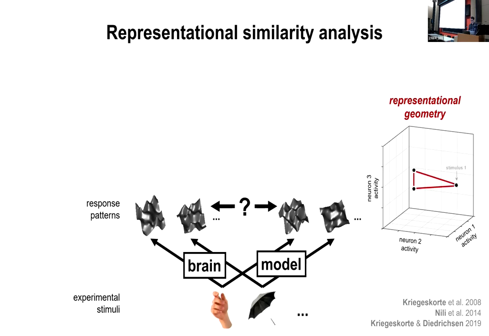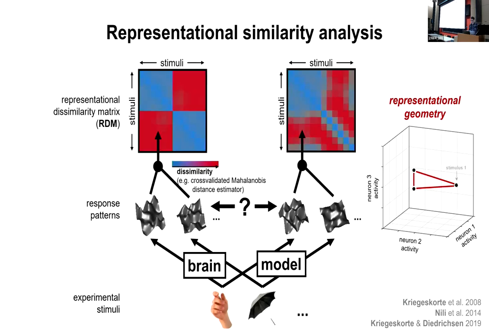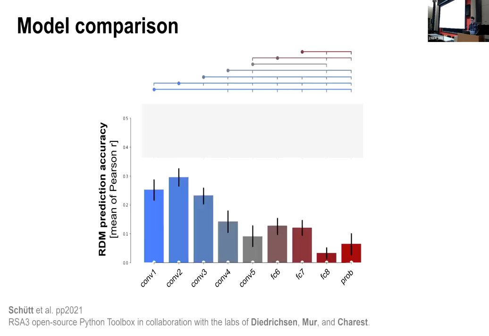And we characterize the geometry of these points by the distance matrix between the points, and that enables us to test models, to test the predictions of models. How well do these models predict the representational geometries, for example, along the ventral visual stream? And then we can do model comparisons where we get sort of a bar that gives you the predictive performance of each of the models.